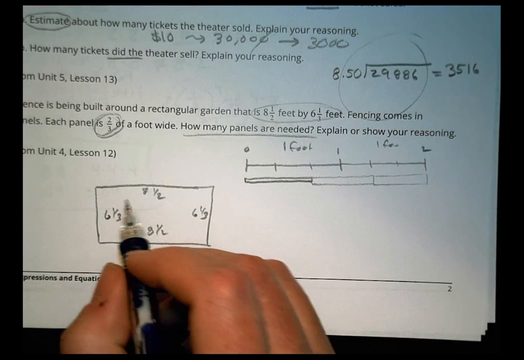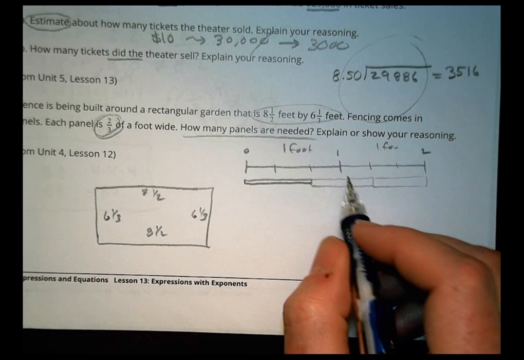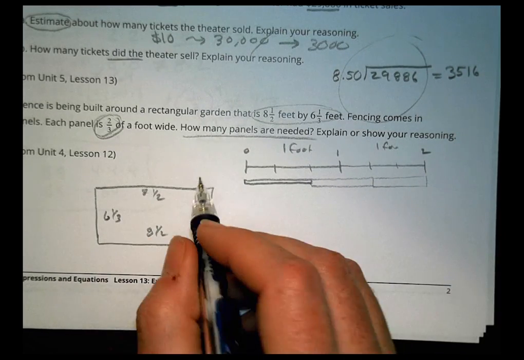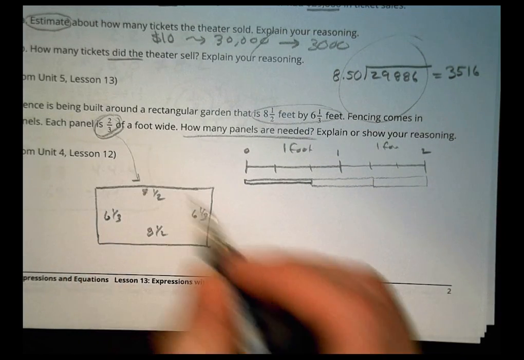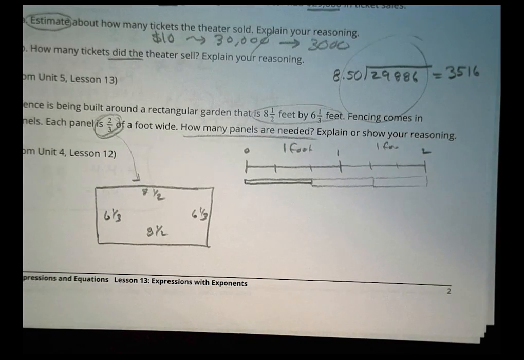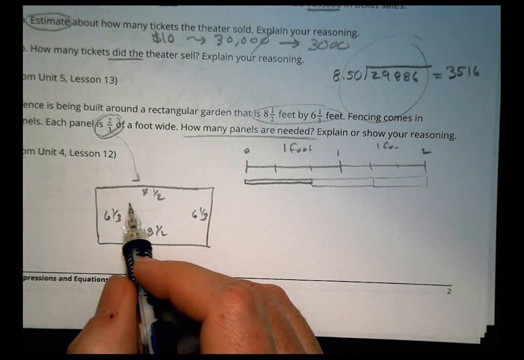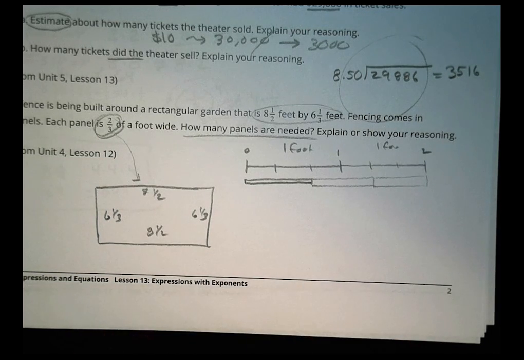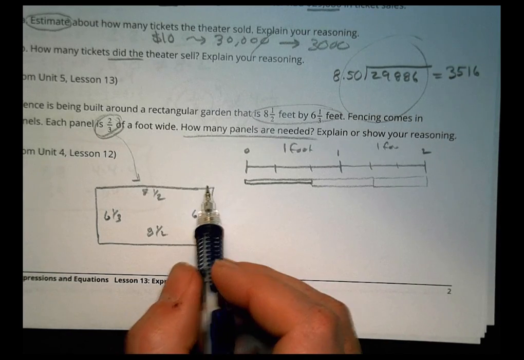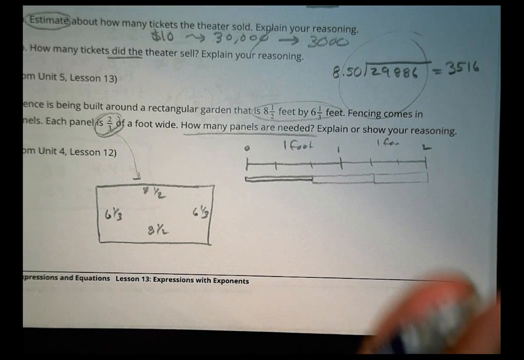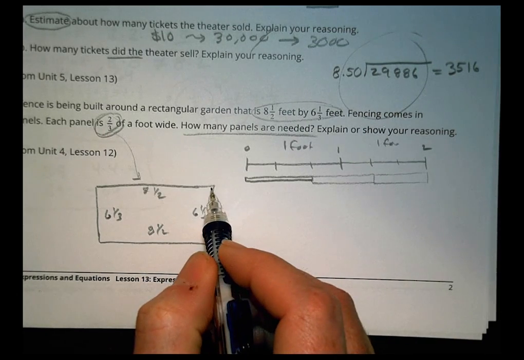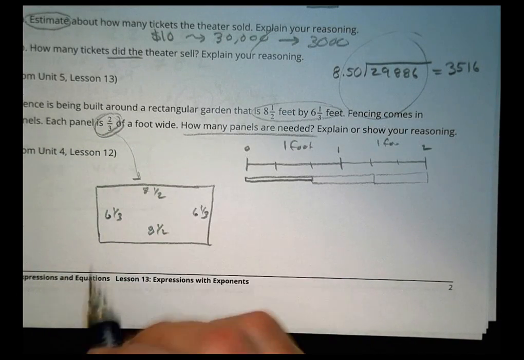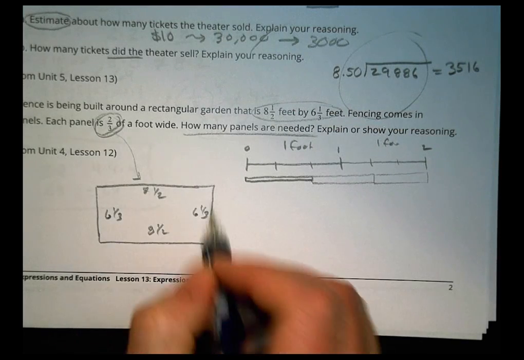So is there another way of figuring this out? Well, what we're doing is we're saying, I want to see how many 2/3 fit inside of 8.5. That's what I'm thinking about this side, but I'm also doing it for all the sides as well. There's a couple ways of approaching it, so if you did it a different way, that's okay. The whole thing is a rectangular garden, so I have a perimeter, the whole distance around.